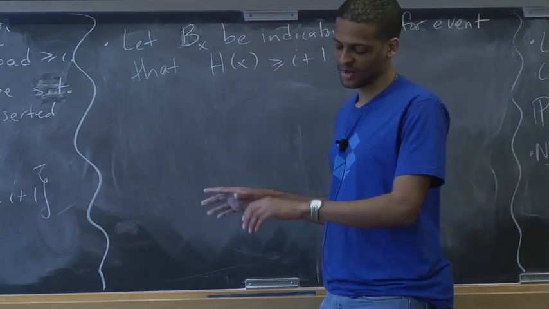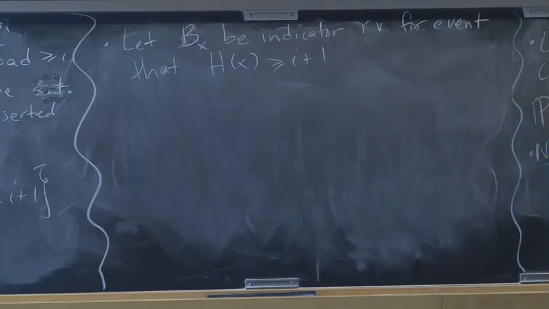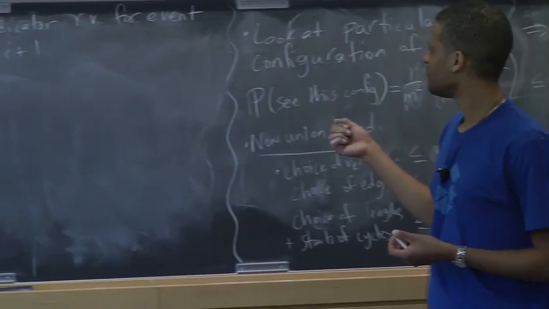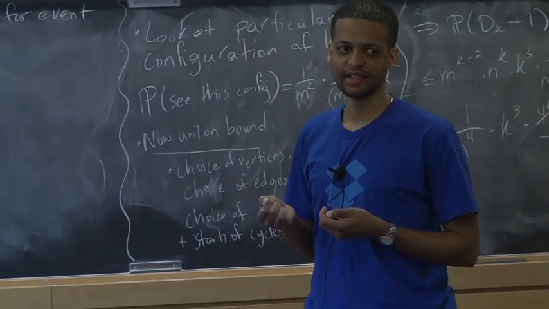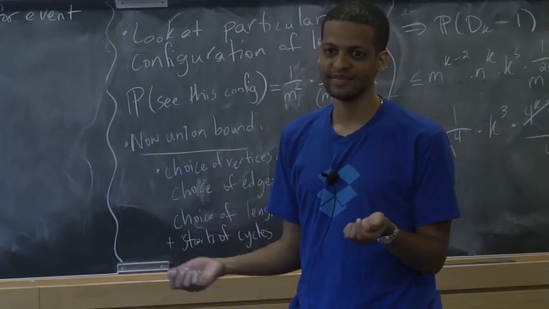Remember, this is the non-rigorous argument. So x comes along, and then we hash it. What has to happen for its height to be at least i+1? Well, both of the bins that it hashed to have height at least i.